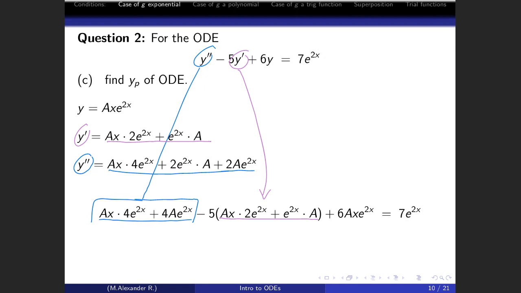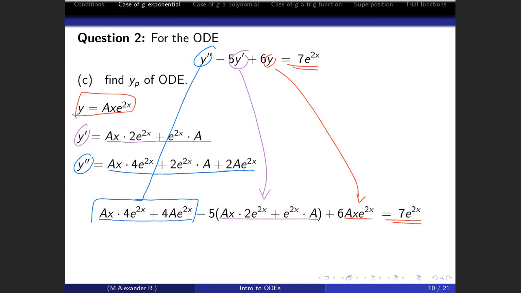And lastly, I have my a x e to the 2x, which was the original guess of the solution, and that goes here. Just explaining where things are coming from. Again, we are plugging things into the differential equation and making it equal to the g function.